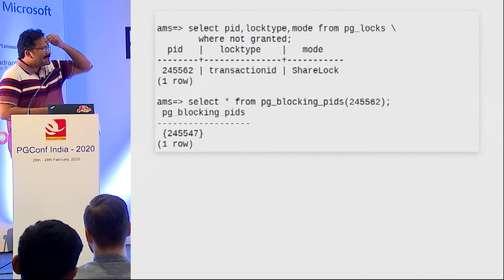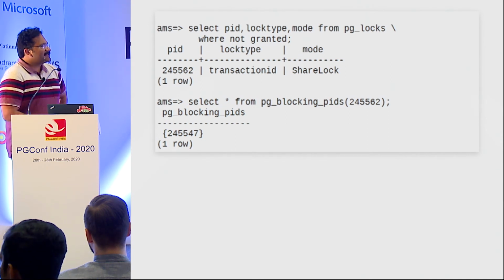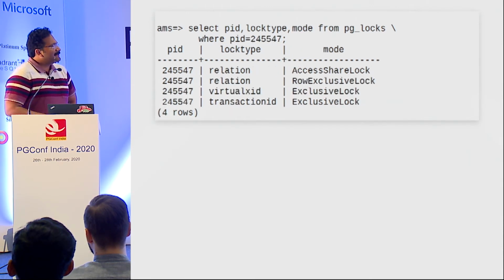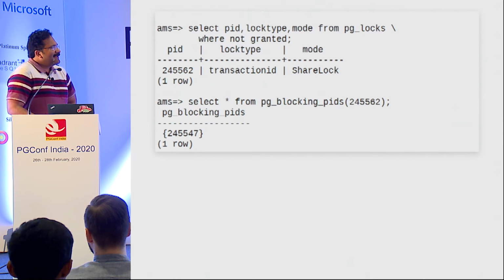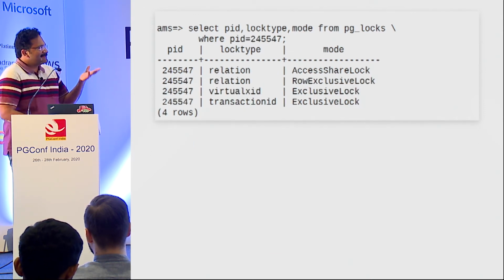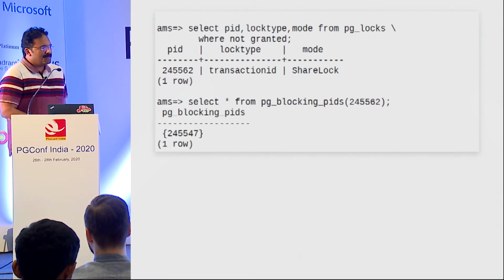So in this case, 245562 is being blocked by a lock that is held by 245547. And that lock looks like this. In this case, it's a share lock on the transaction that it's waiting for, and this transaction is running, so until you abort or commit it, this other session will be blocked by it.